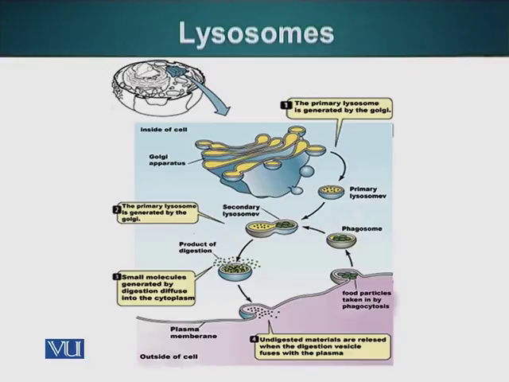This vesicle is called a phagosome. When it is present in the cytoplasm, a vesicle containing the lysosomal enzymes, at this stage called the primary lysosome, fuses with the phagosome and results in a secondary lysosome.